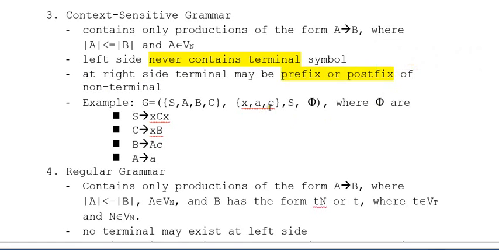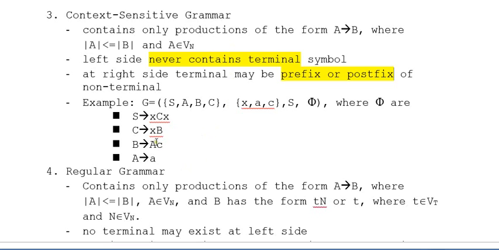Pre means the previous element and post means the next element. So at the right side, terminals may be prefix or postfix of a non-terminal. Non-terminals are capital letters and terminals are small letters. So capital letters can have prefix or postfix small letters around them. That can be called a context-sensitive grammar.